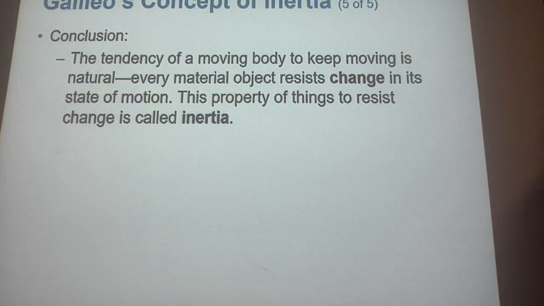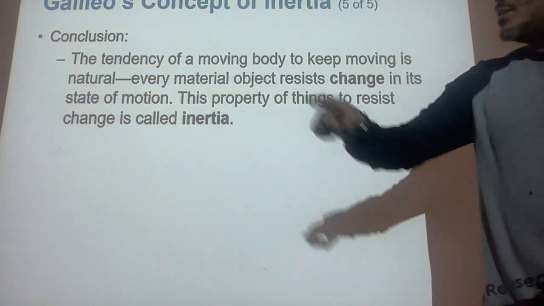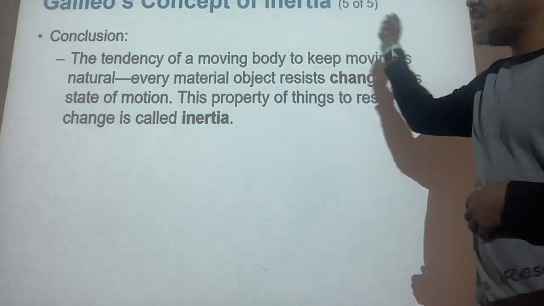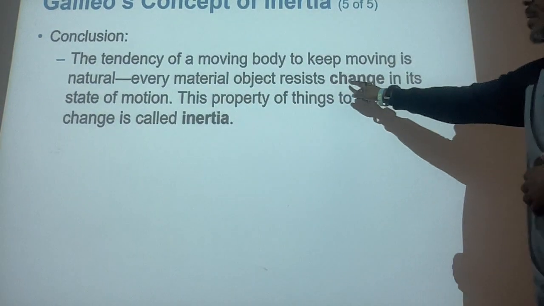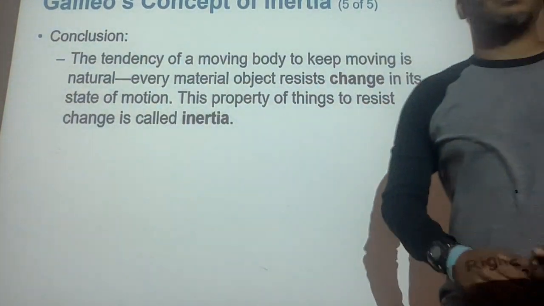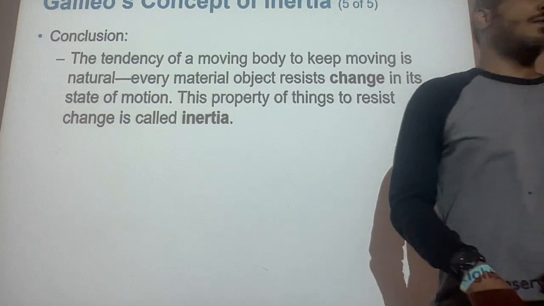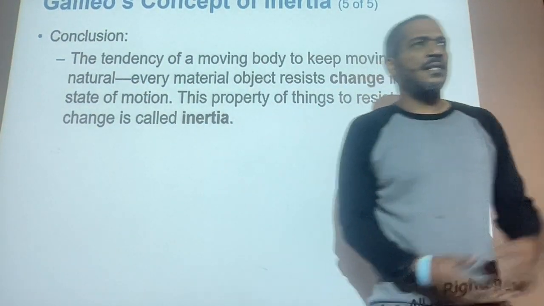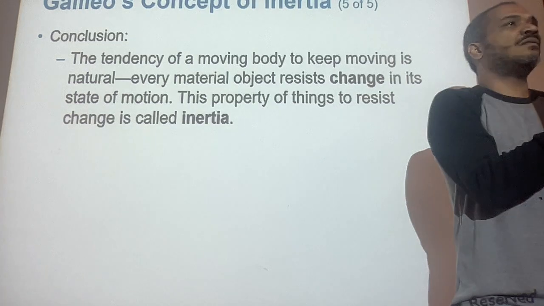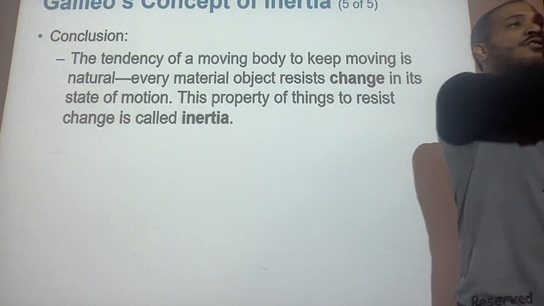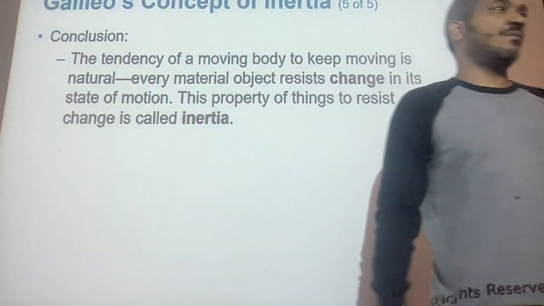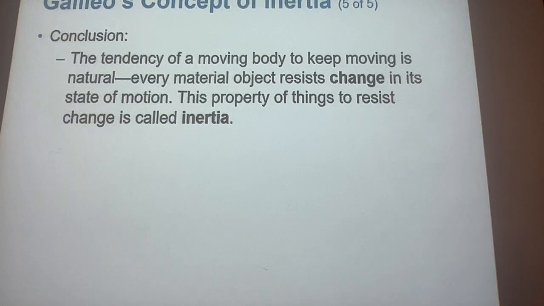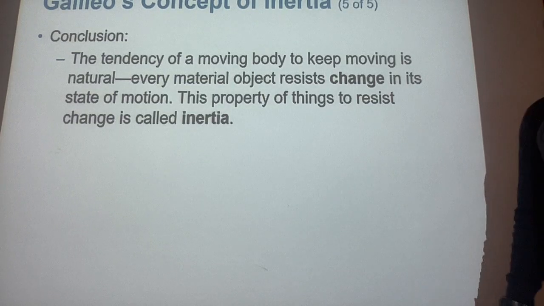That's called inertia: the tendency of an object to keep moving, or resist change in its state of motion. The car was originally moving, then it hit something all of a sudden, and inertia is going to keep you going through the windshield because you were moving with the car.